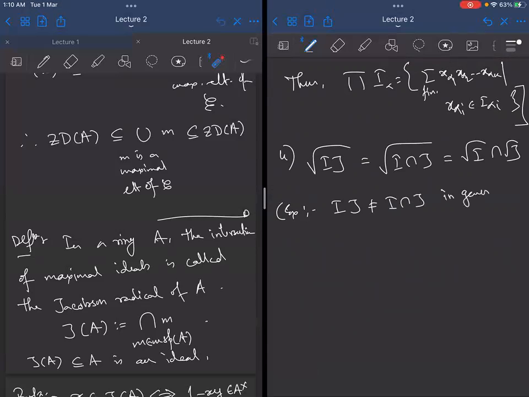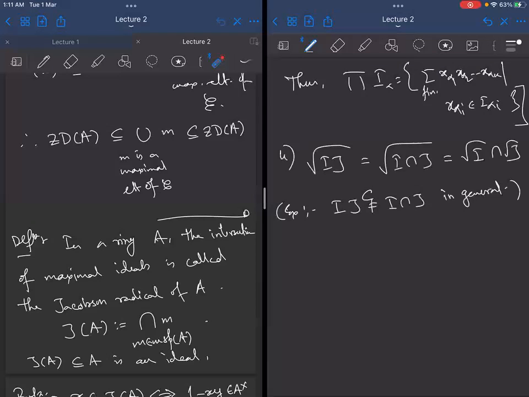You have to find examples for which the product ideal is not the same as the intersection of the ideals. The example is not difficult. A hint is that you can find it in Z itself. The containment is there, but they are not equal as ideals.